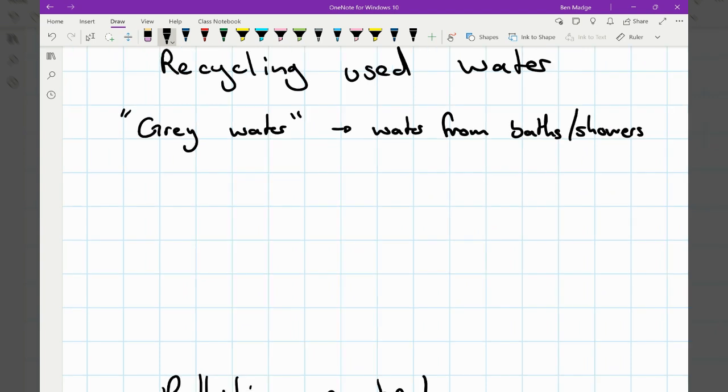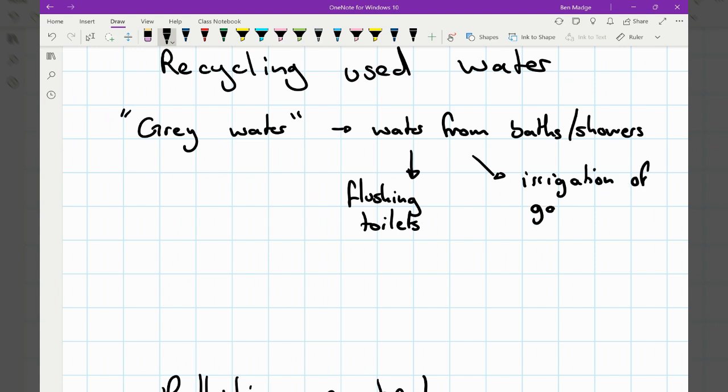So we use it for flushing toilets or for irrigation of gardens. And this means that it's quite clean water. It doesn't have pathogens or heavy metals. It might have a bit of soap in. And if you choose the correct soaps, then it makes it even more useful.